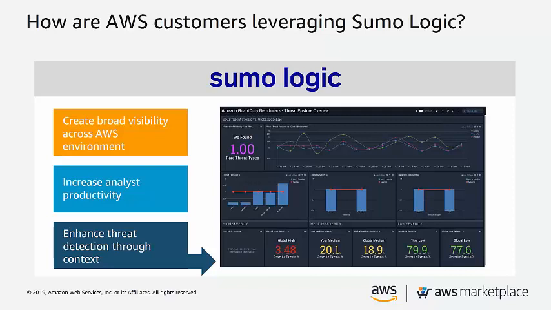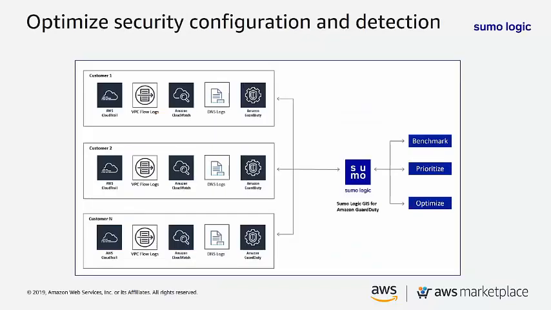But one of the real cool things from Sumo Logic is they have a global intelligence service for Amazon GuardDuty. To summarize this a little bit, they're able to take the logs across multiple customers that have been emitted from things like GuardDuty and other sources, and figure out attacks based on multiple customers.